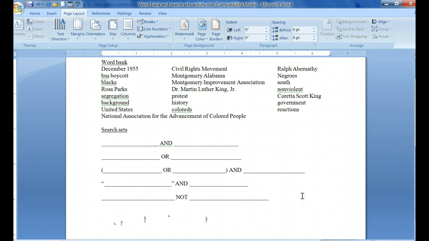Remember that it's best to use OR if you're looking at alternate spellings or synonyms. It helps you reduce the number of search sets you have to execute.